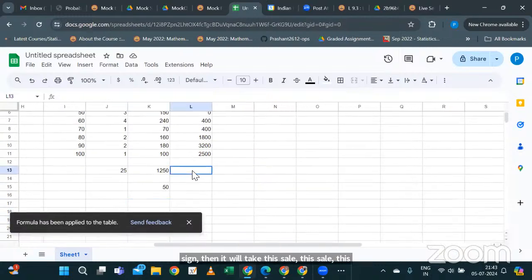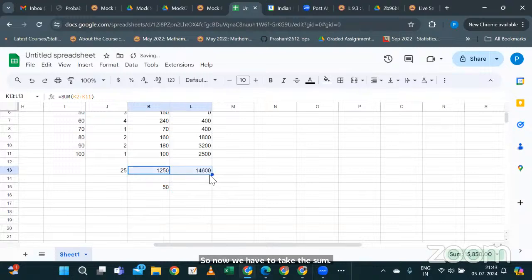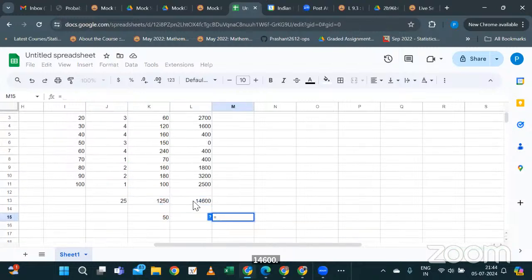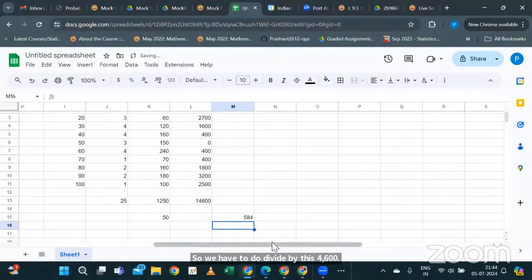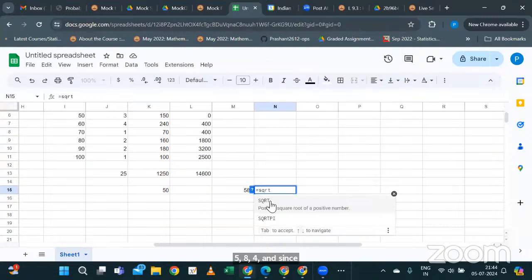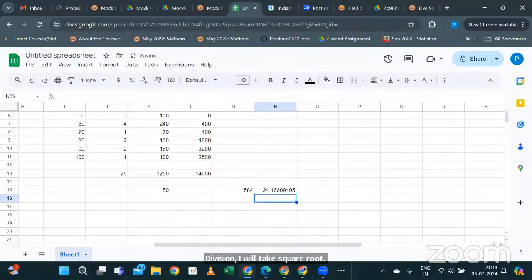Now we have to take the sum. I already applied the sum formula here. The sum is 14,600. So we divide 14,600 by the summation of Fi, which is 25, giving 584. Since it is talking about standard deviation, I will take the square root of 584, which is 24.166.